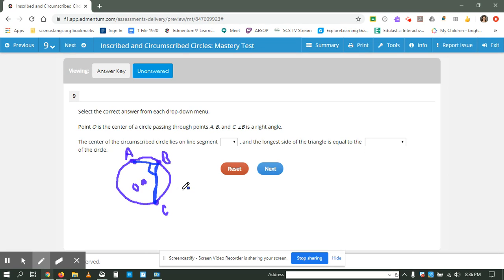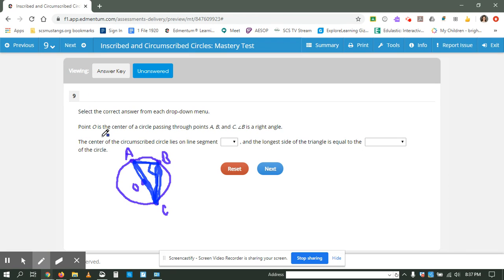And this goes back into that rule that I've been talking about in these mastery test videos, reminding you that if we've got a right angle in a circle, then if we make the third side to make it be a triangle, we are going to end up with a right triangle. So that tells me that it was okay to connect AC together to make the third side of that triangle and have it go through O.